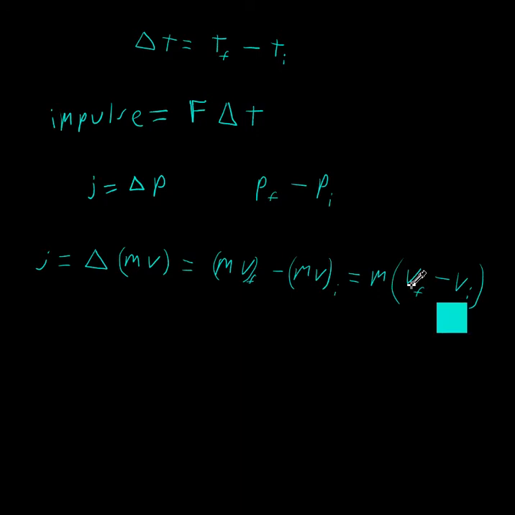So, let's see here. We have a fastball being thrown. It has a mass of 0.14 kilograms. It is being thrown at 40 meters per second.